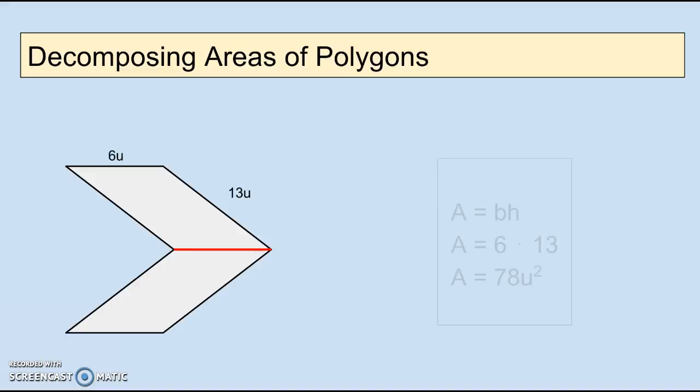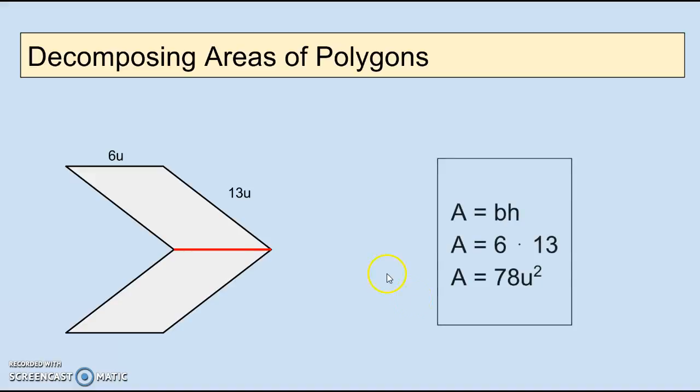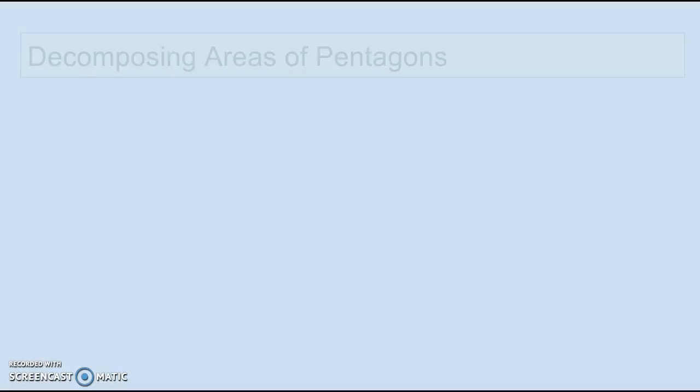Let's give it some numbers. Okay, so we have two of the same parallelograms. So our formula for one is base times height. Okay. Replace your variables and solve. With 78. Multiply that by 2. Would be 156. I think I forgot a number.